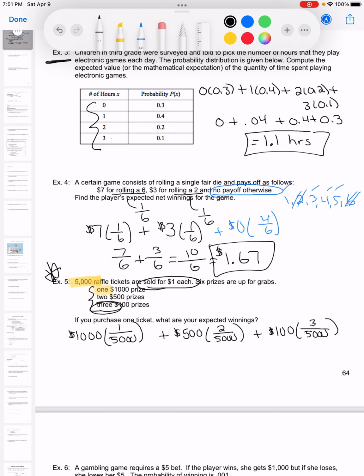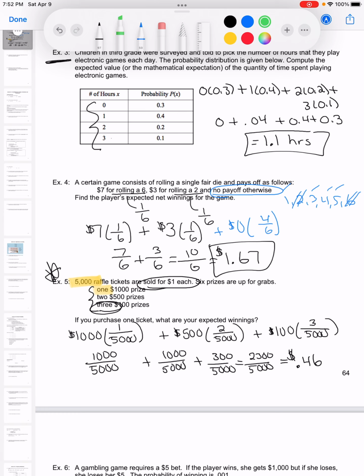Again, you can type it in like that. You can split it up, whatever you're comfortable with. If you want to do a little bit more steps, I'll show that. If you'd rather just go ahead and type it in, you're more than welcome to do that too. And this is going to give me 0.46 dollars, or 46 cents, whenever you type it in your calculator.